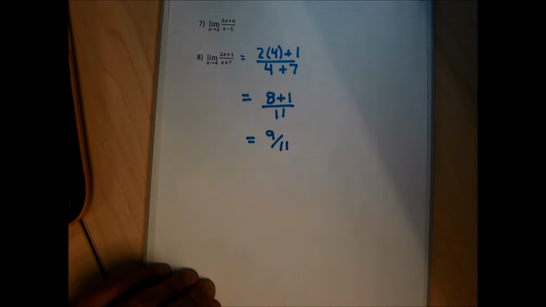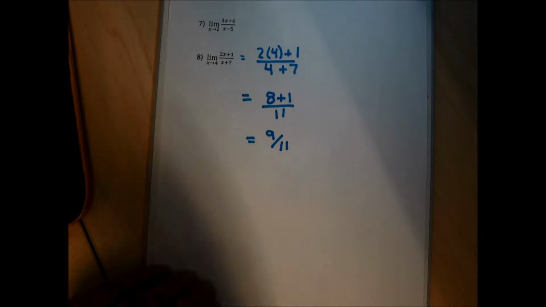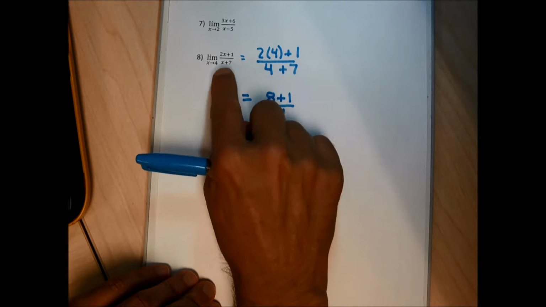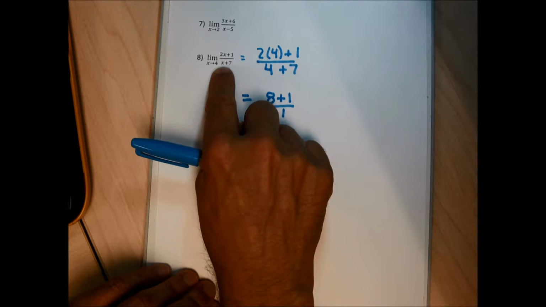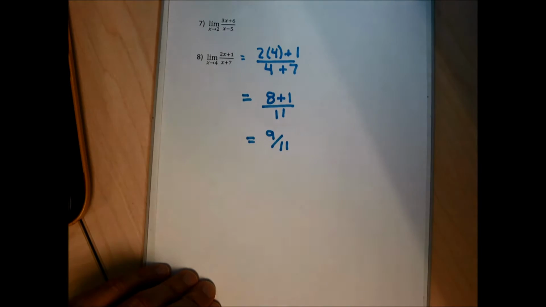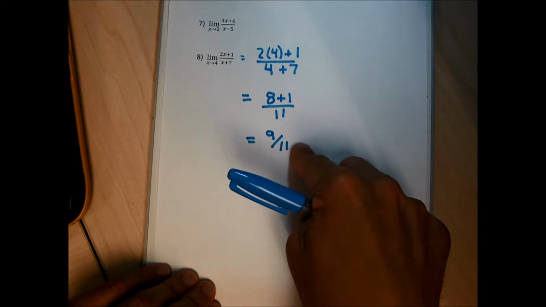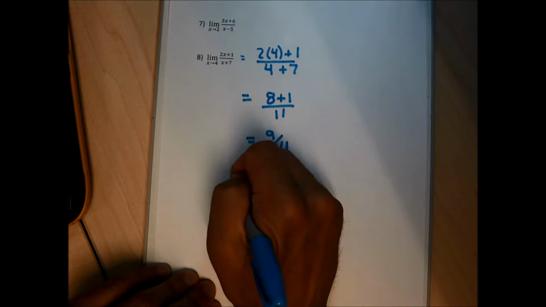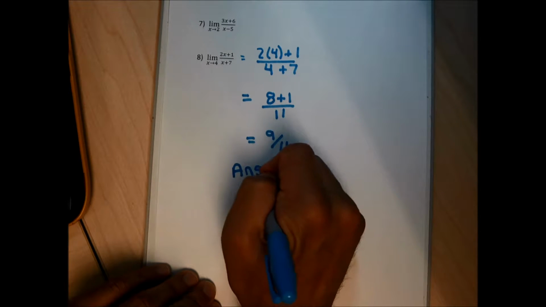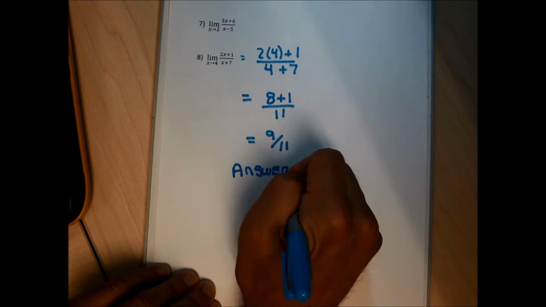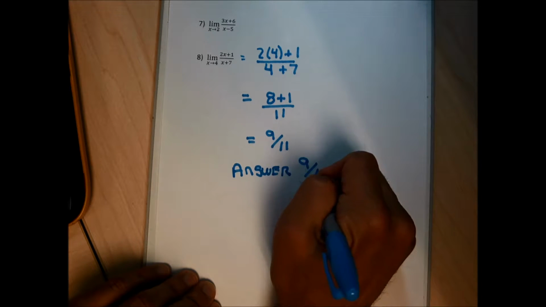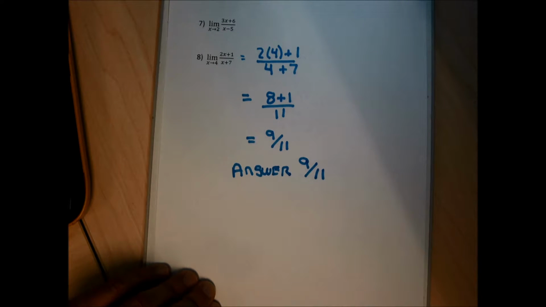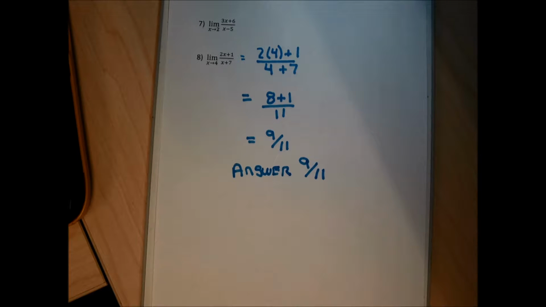When I plugged in 4 for the x's in this problem, notice in the denominator I didn't put the 4 in a parentheses because the x wasn't multiplied by anything, nor did it have an exponent. But when I plugged in 4, I got a fraction, and that's not undefined, so that's what the limit is. So my answer to number 8 is going to be 9 over 11. And again, you can write the problem next to the answer.